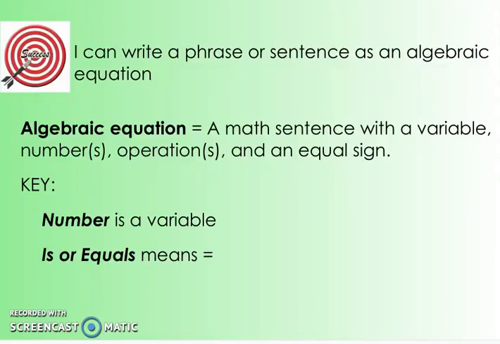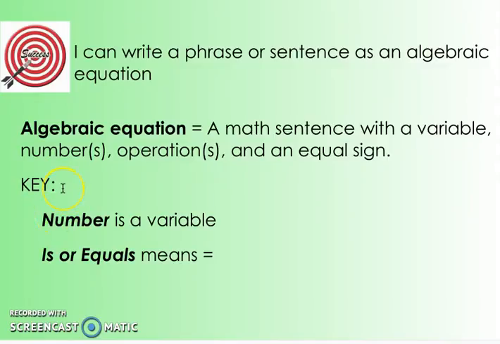Well, an algebraic equation is a math sentence with a variable, a number, or sometimes more than one number, an operation, or more than one operation, and then an equal sign. It's very similar to an algebraic expression. Actually, it's basically taking an algebraic expression and making it equal to another algebraic expression.